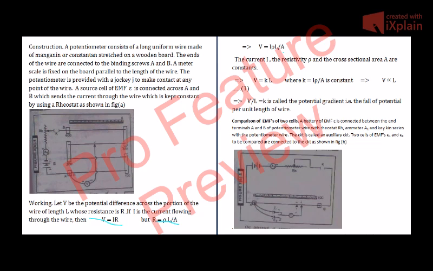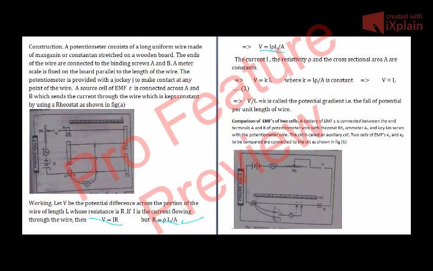The factors of this resistance dependence, and from that we have derived a relation rho is equal to RA by L, which means R is equal to rho L by A. So when we substitute this in Ohm's law, V is equal to IR, we get V is equal to I, instead of R, we substitute the value.